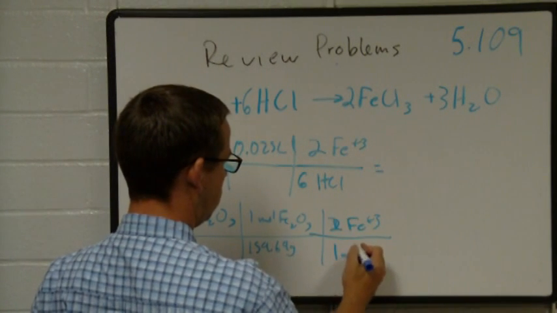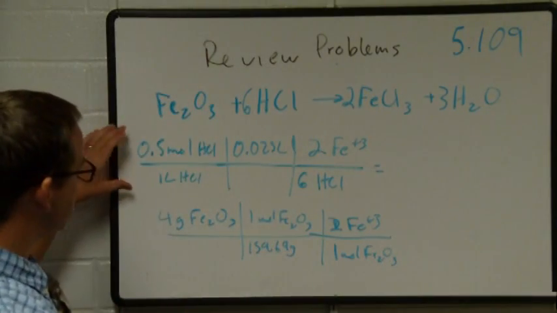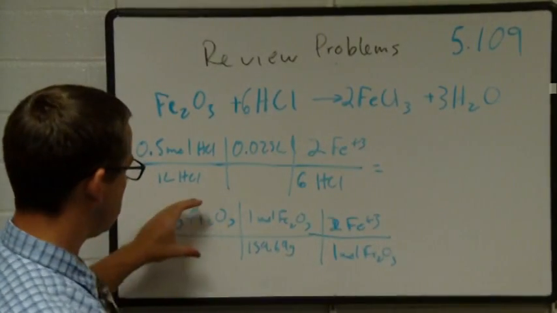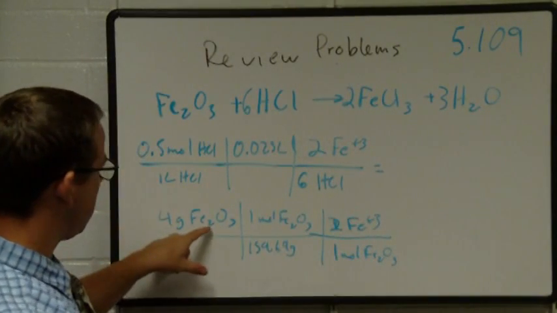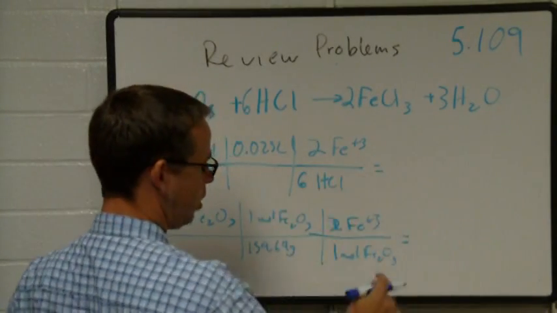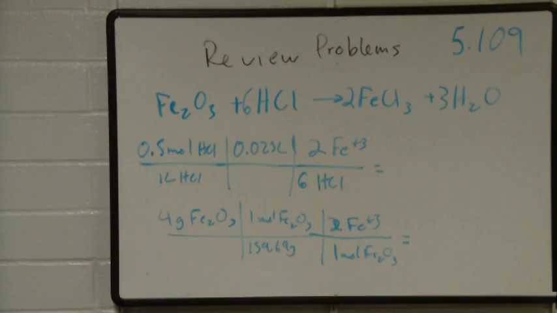All right? So this one assumes the hydrochloric acid is limiting, and this one assumes the iron oxide is limiting. Both of these solve for the number of iron ions.